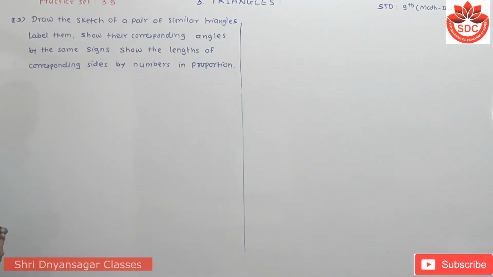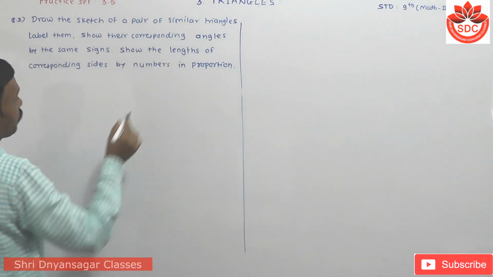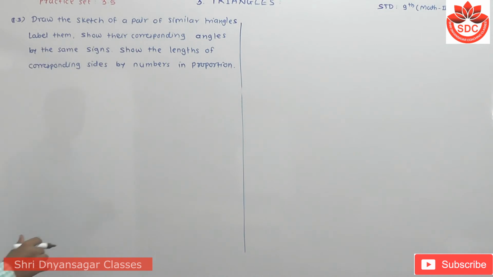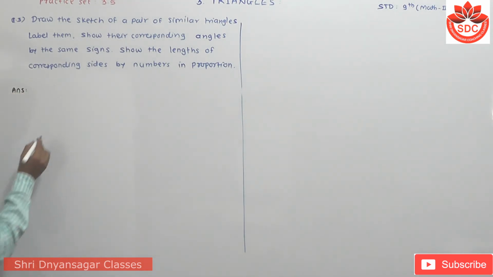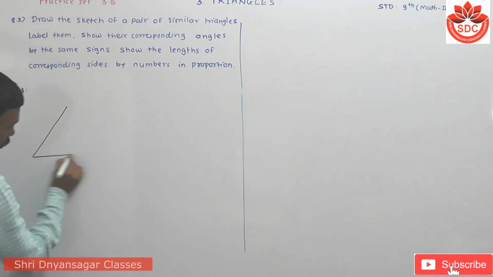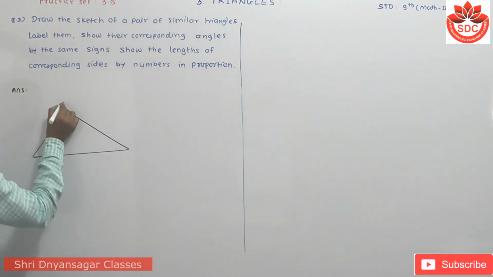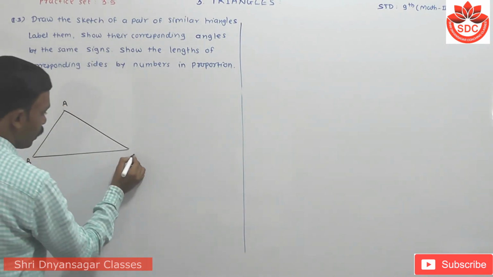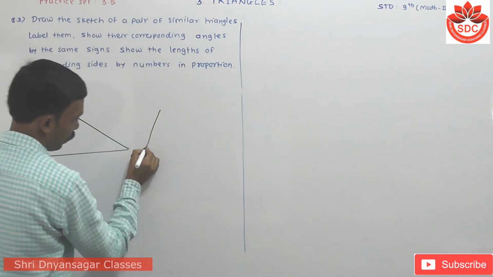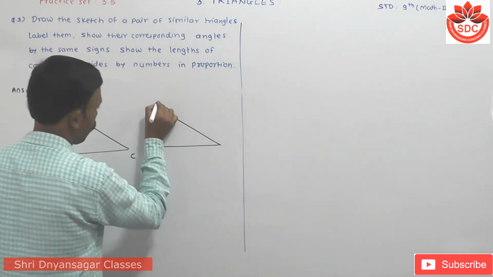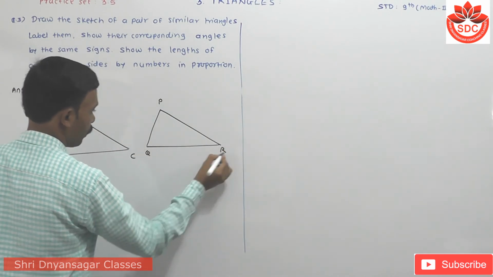Question number 3. Draw the sketch of a pair of similar triangles, label them, show their corresponding angles by the same size marks and show the lengths of the corresponding sides by numbers in proportion. Its answer is a simple one. Look carefully, draw two similar triangles. Suppose this is one triangle, triangle ABC, and this is another triangle, PQR.